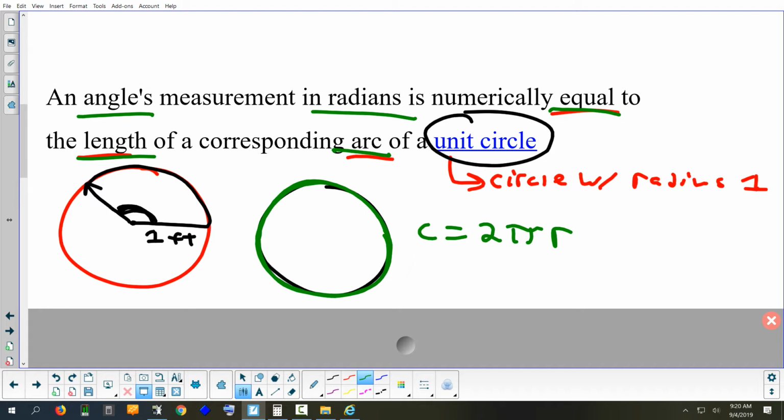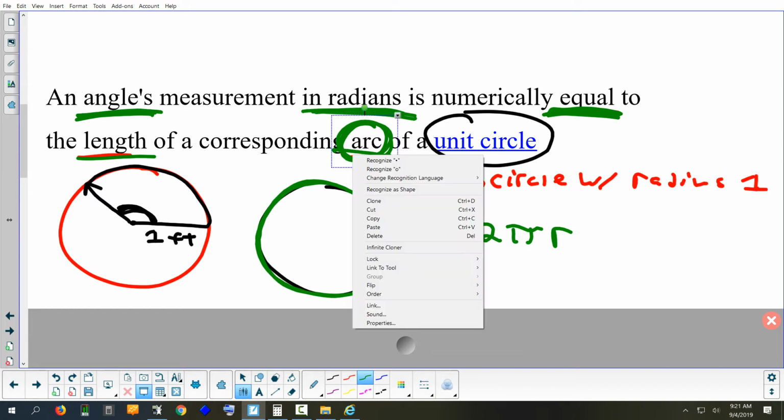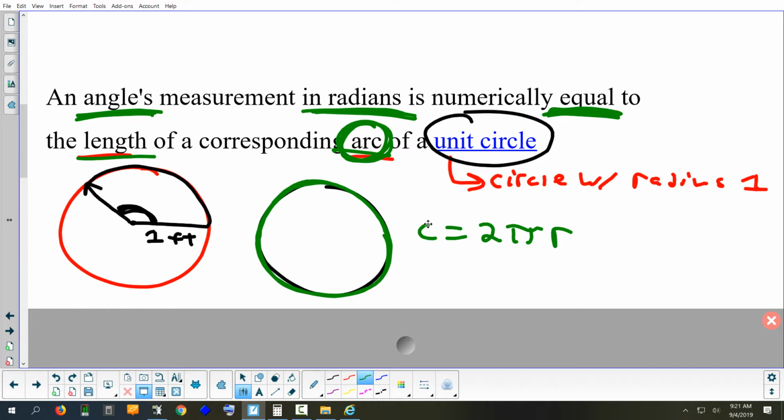All right. Now look back at what we said. The circumference, which is just an arc, is the same as the angle in radians. So if you can tell me the length of the circumference of a unit circle, the size of the circumference is the same as the angle in radians.